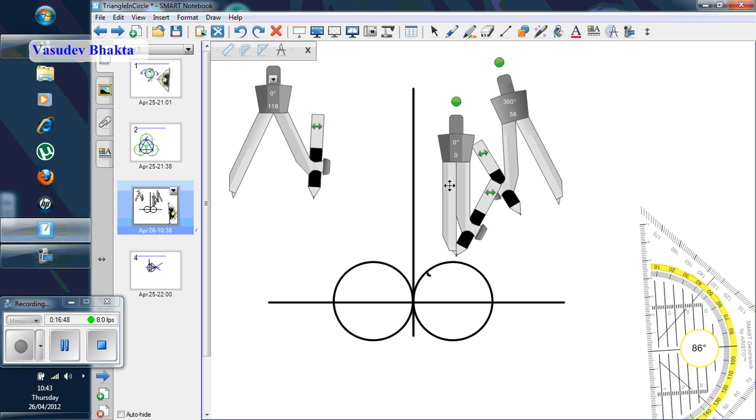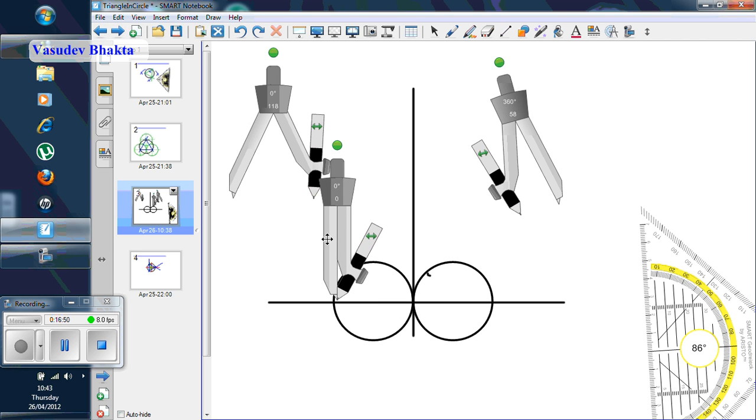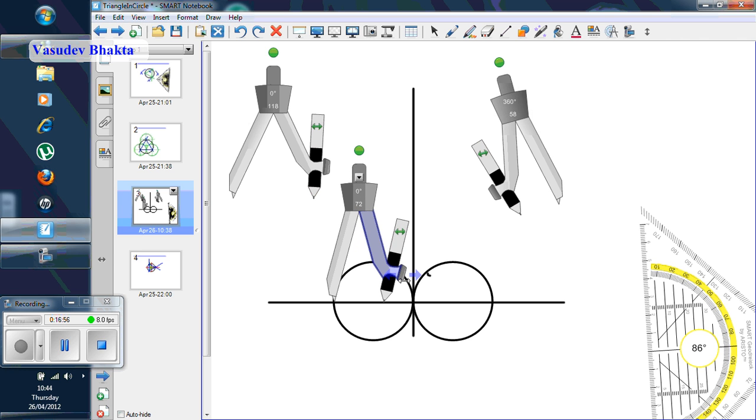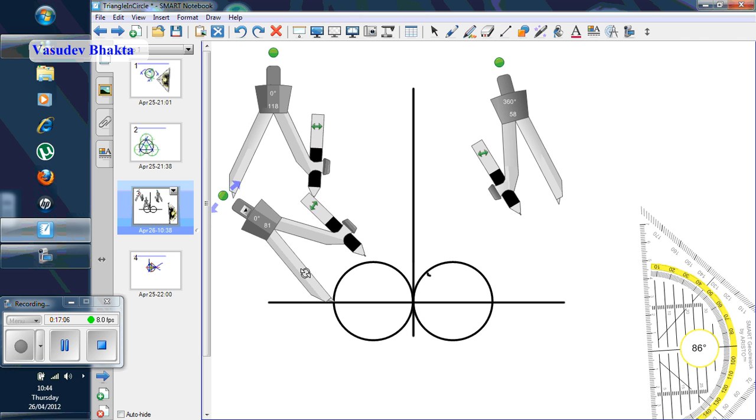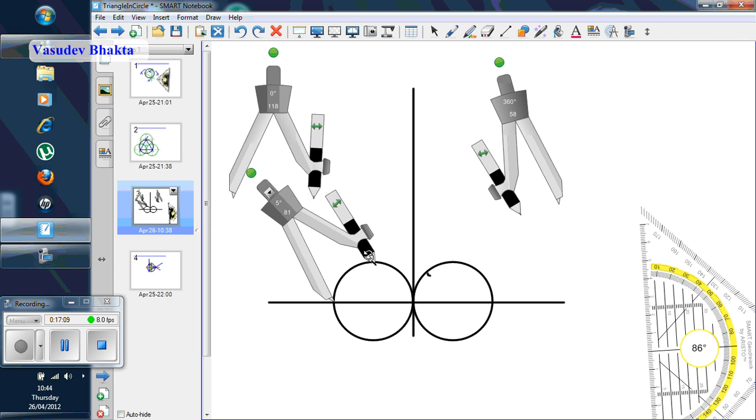Now, this is to bisect the line. A line here, such that what we'll get is, just going to mark a small point there.